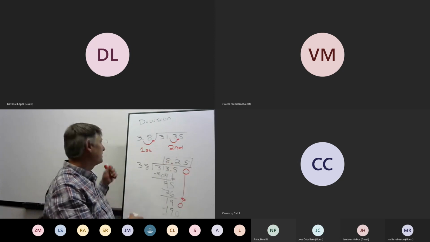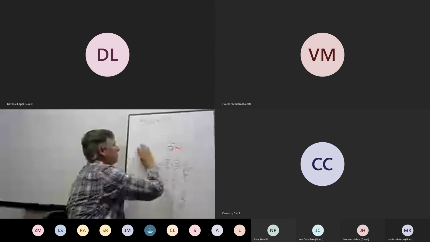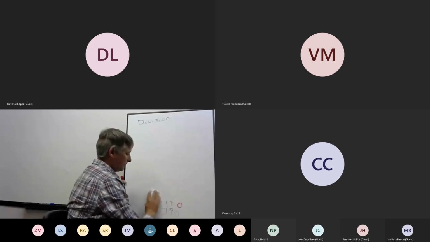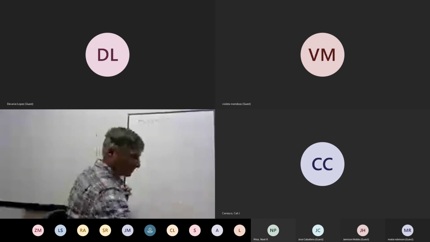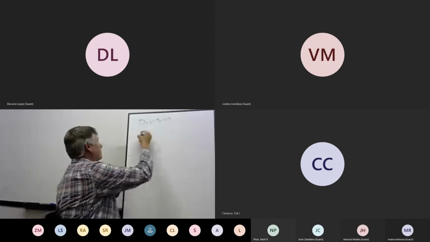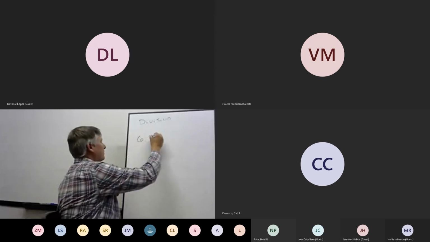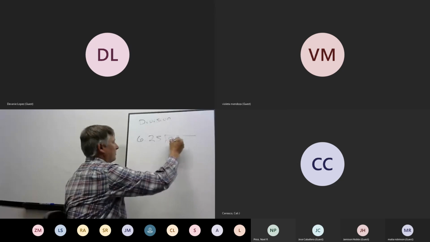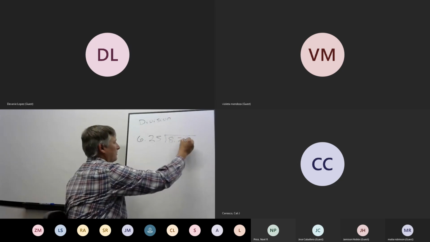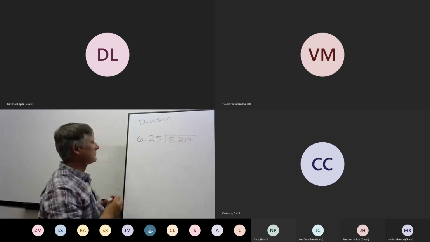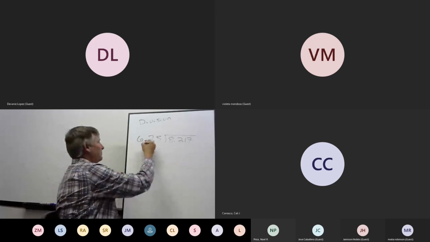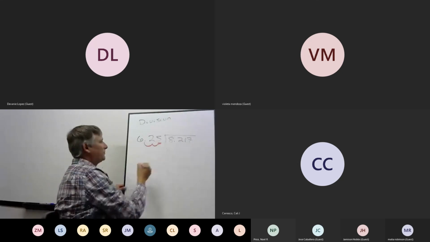So if we had to do something like this, if we're dividing these 2 numbers, I move 2 times.